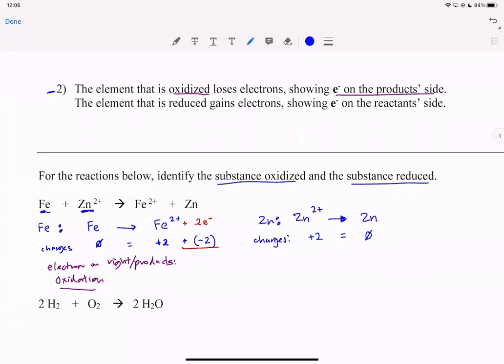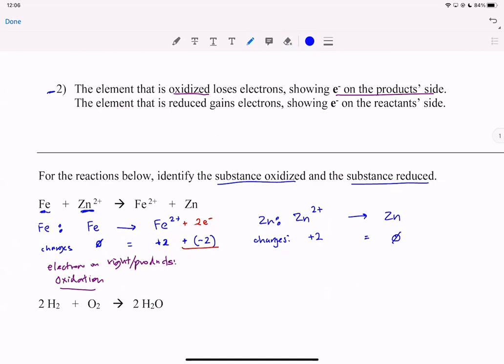So in order to make this equal on both sides, well, it's +2 on one side and 0 on the other side. Actually, I'm going to make a little bit more space here. So this is Zn, so it's 0 on this side.